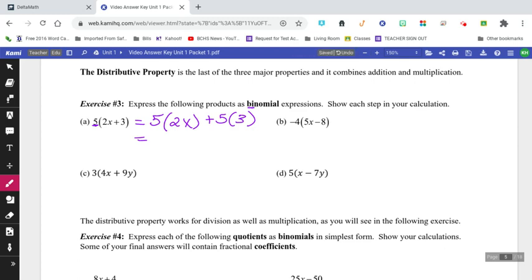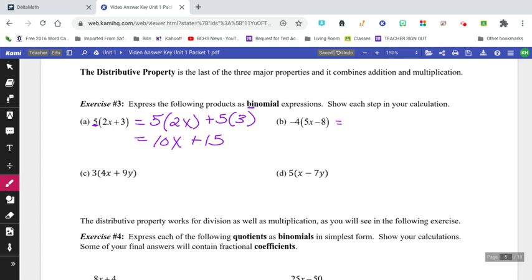And now we multiply. We're literally just multiplying the big numbers, as I call them. We're not worrying about exponents right now. So 5 times 2x is 10x. 5 times 3 is 15. There is our binomial. You cannot add 10x and 15, so we just leave it as 2 terms.